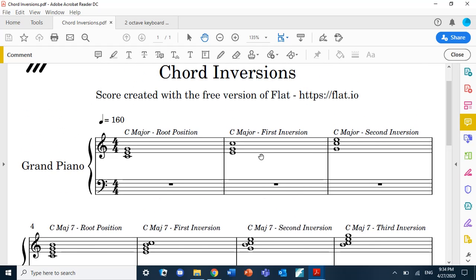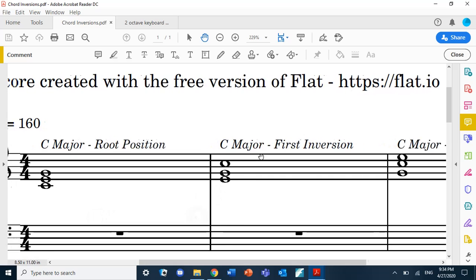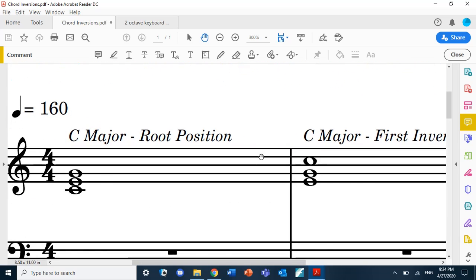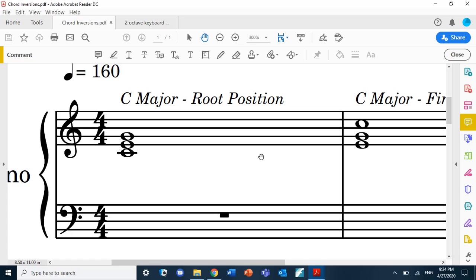What I'm going to do right now is zoom in on this first chord, which is C major in root position. I'm going to zoom in because I'm going to write on this document and I need a little bit of space. This chord is these 3 notes just stacked on top of each other. That's the typical way we usually see a chord written out.